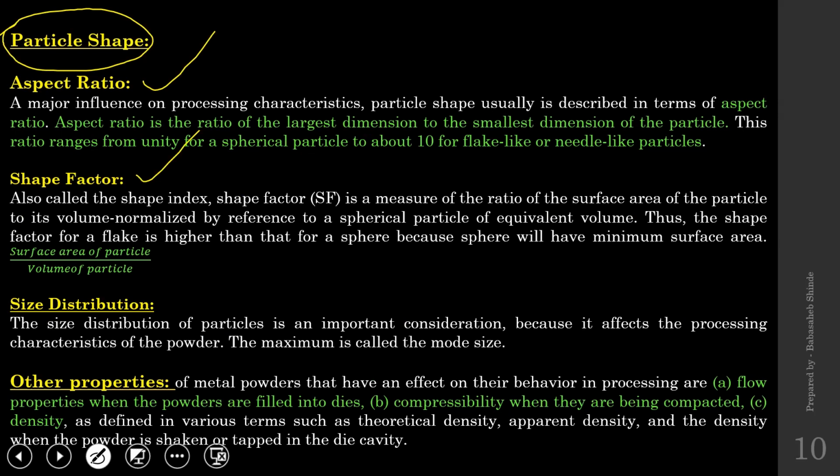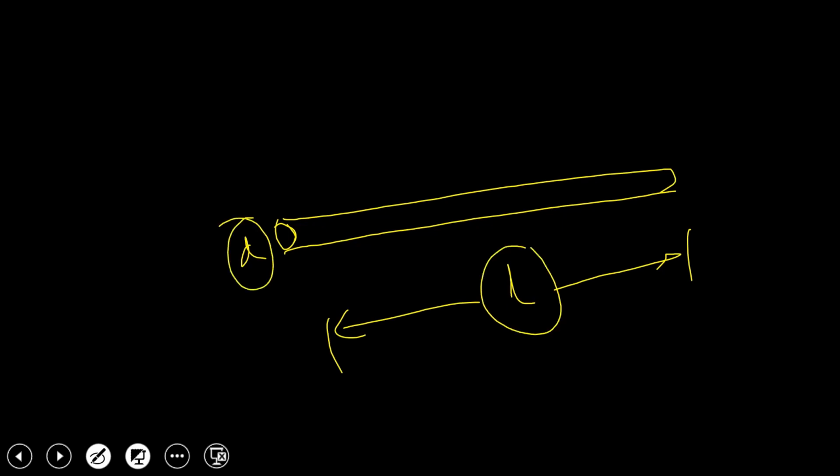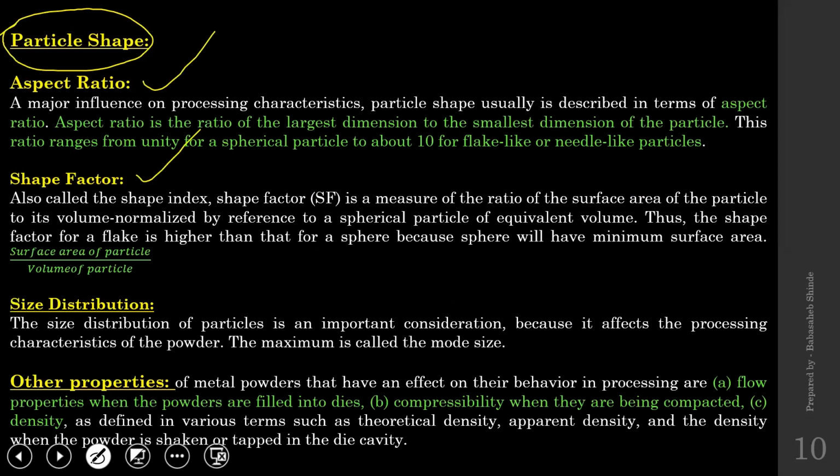Aspect ratio means, if I take a cylindrical rod that has a small d diameter and L length, when I take a ratio of those two dimensions, it has two dimensions, there might be three dimensions also, but what we need to do is take a ratio of the largest dimension to the smallest dimension.